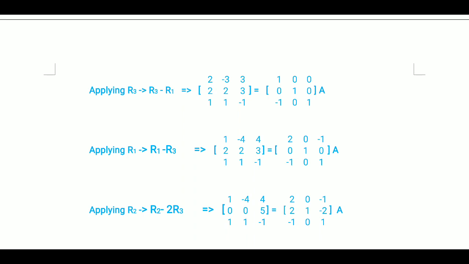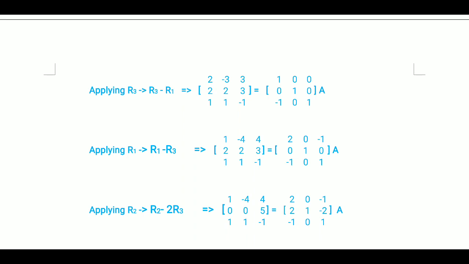So the change will be on R1, subtracting the elements of R1 from the corresponding elements of R3, that is 2 minus 1 is 1, minus 3 minus 1 is minus 4, 3 minus minus 1 is 4, so 1, minus 4, 4, and R2 remains same, R3 remains same.